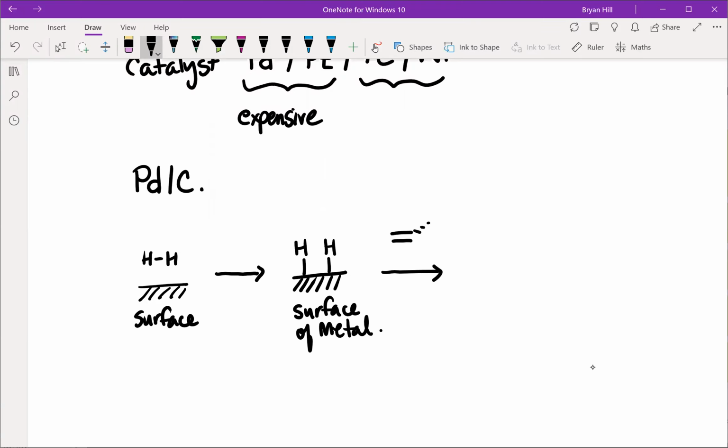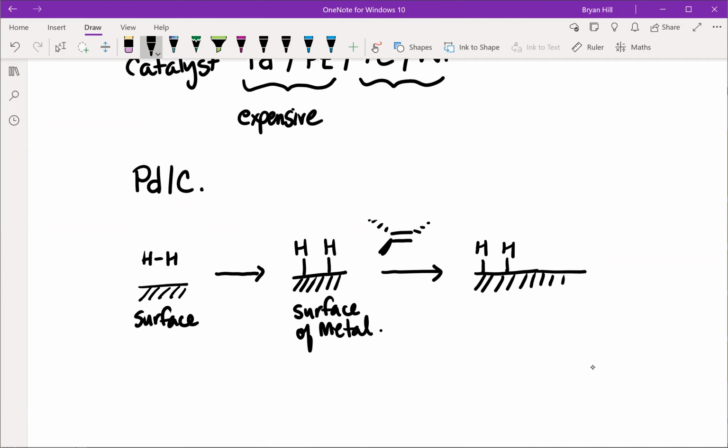Then you've got your double bond. Your double bond's going to come along. I'll draw it like this. The p orbitals of the pi bond of the alkene interact with the surface of the metal.